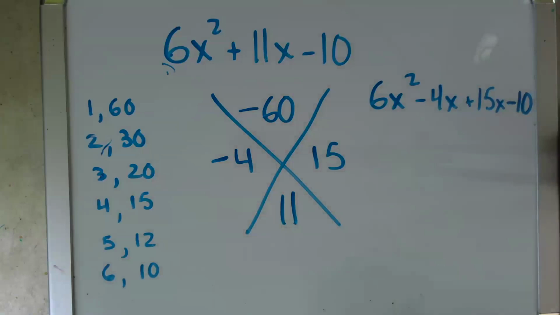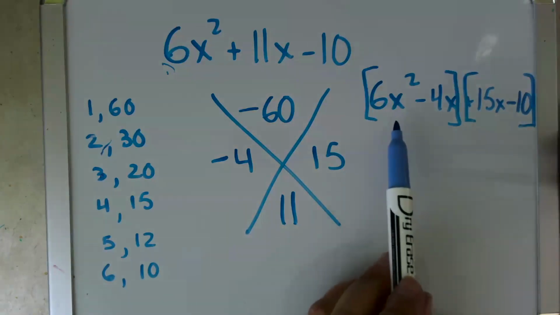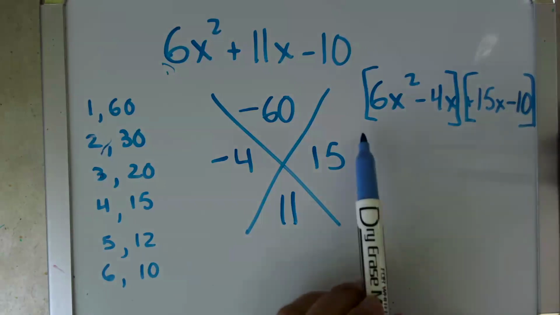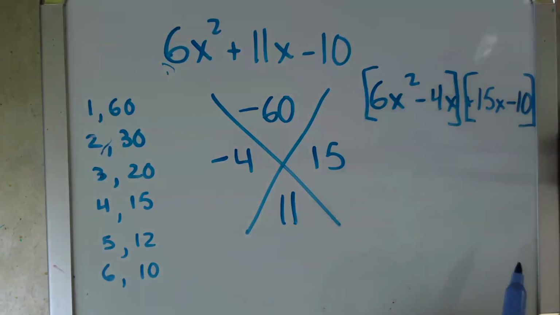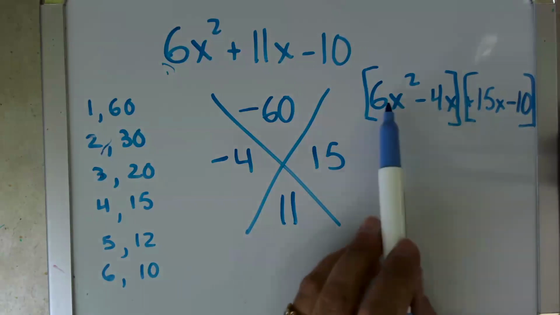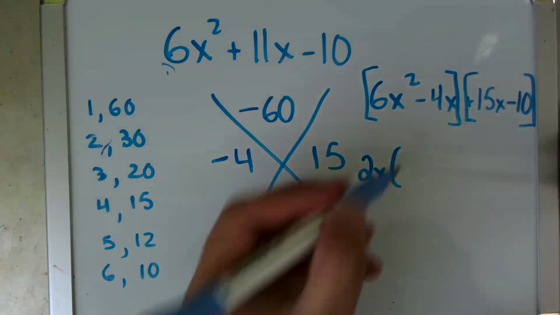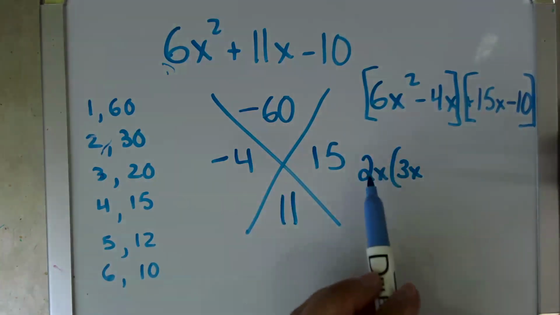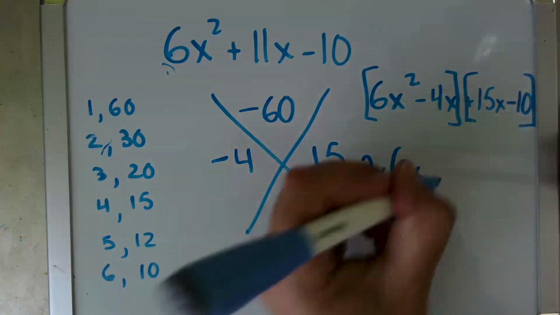That means we're going to put brackets onto this. We're going to take the greatest common factor out of each of these. So a 6x squared and a minus 4x. I can see that I've got a 2 in both of those, and I've got an x in both of those. So I factor 2x out, and what remains here, this is division, is 3x. And I take my 2x out through division, and what remains is negative 2.